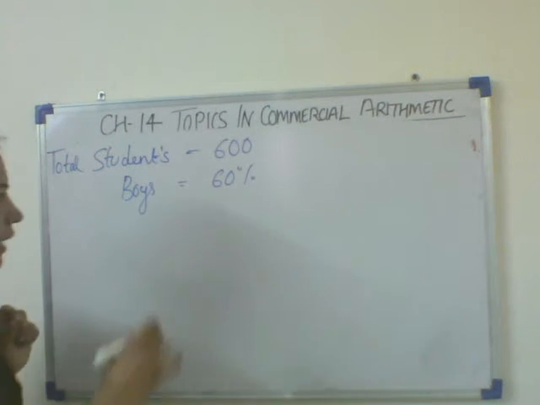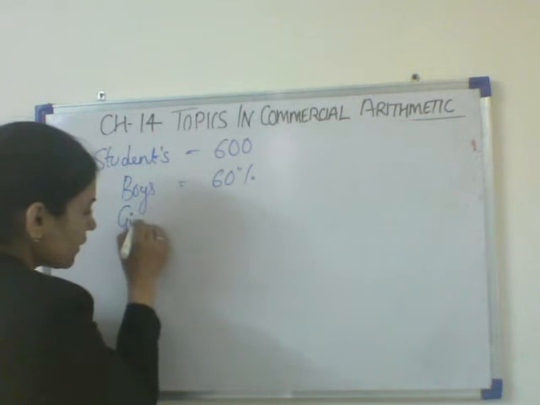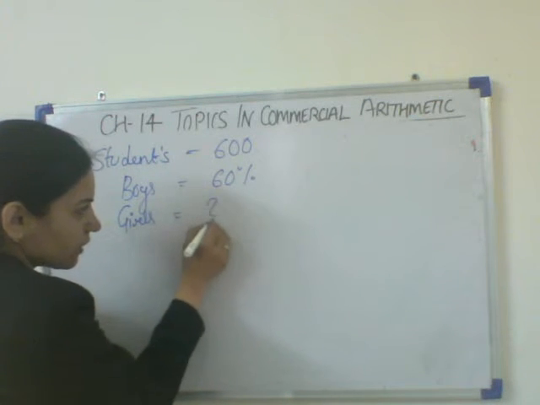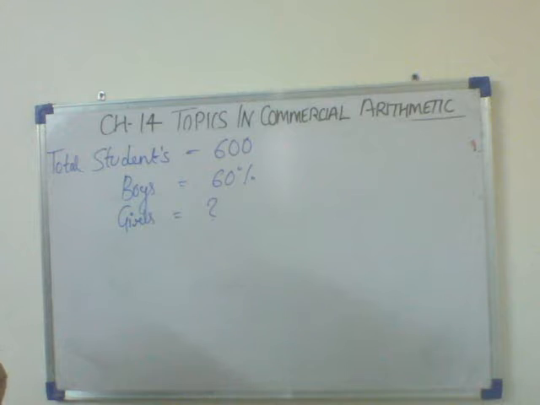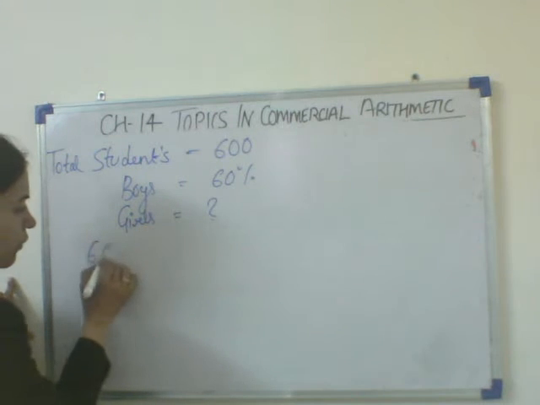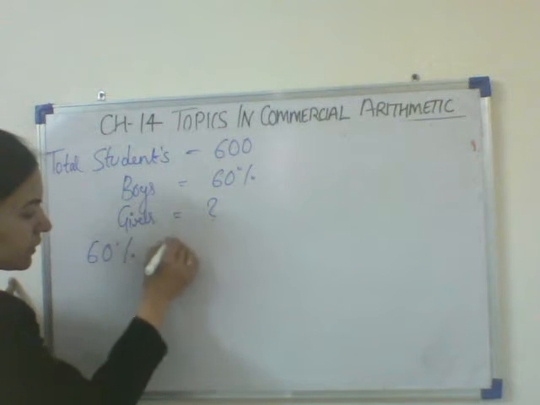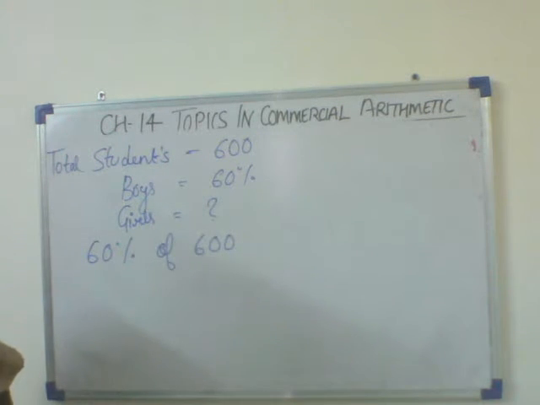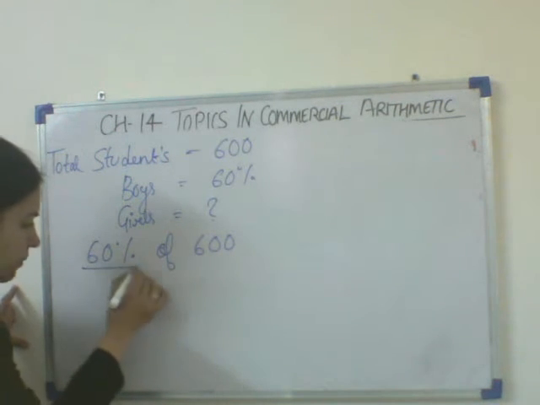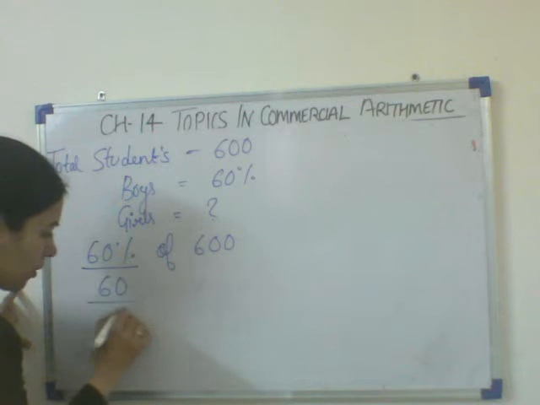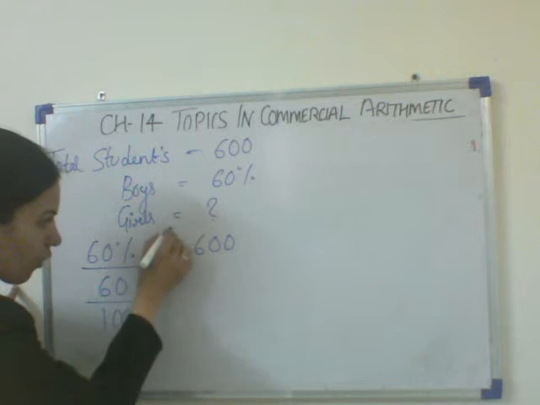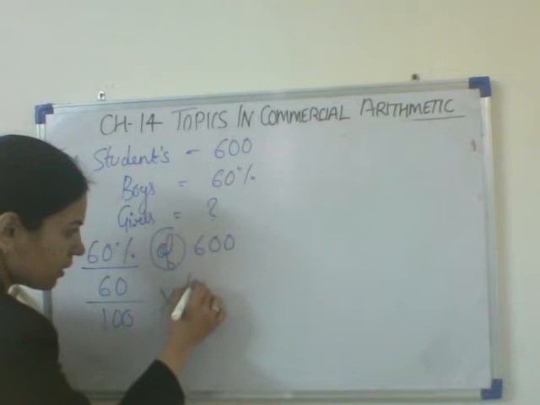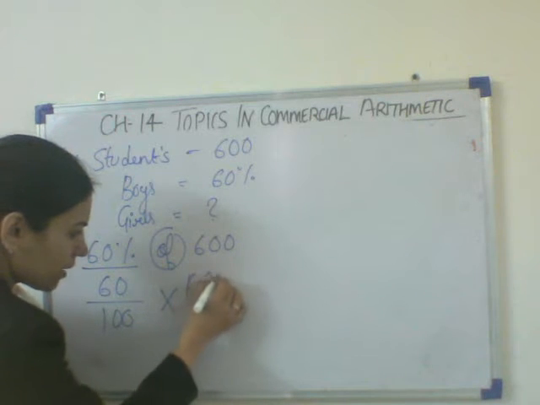So what do we have to find? We have to find how many girls are there in the school. So how will we be finding? 60% of 600. This we have to find out. So 60%, it means 60 upon 100, of means multiply by 600.